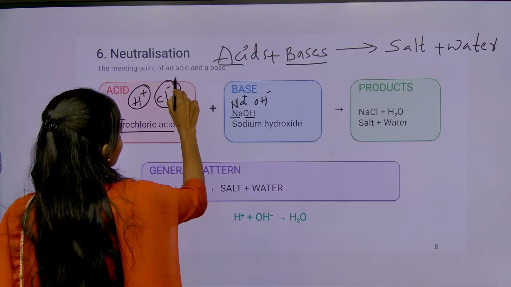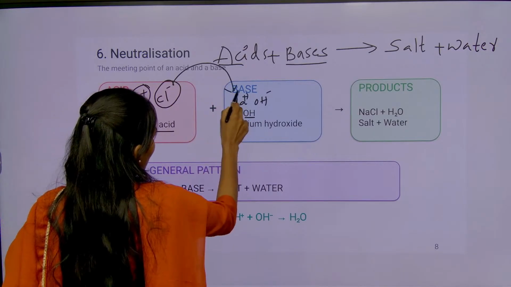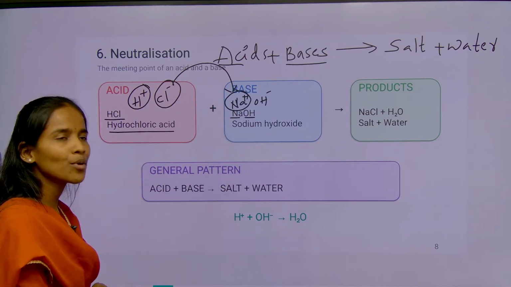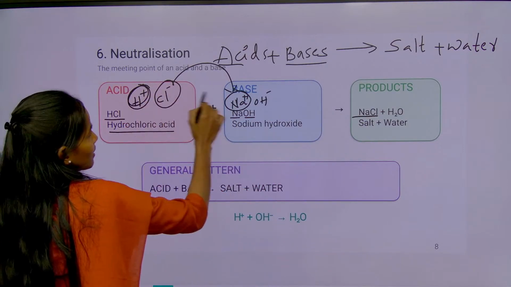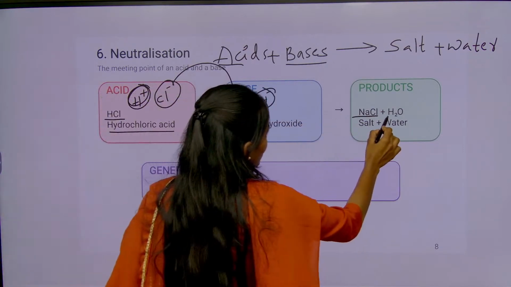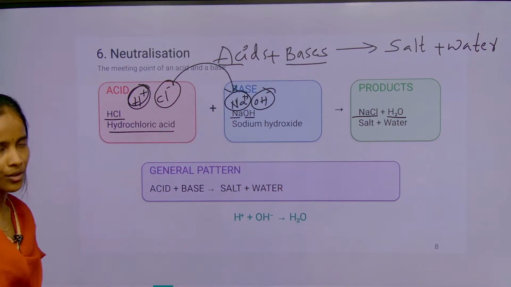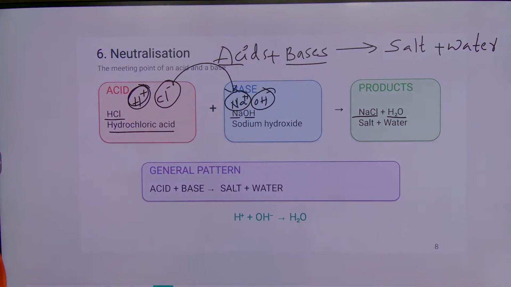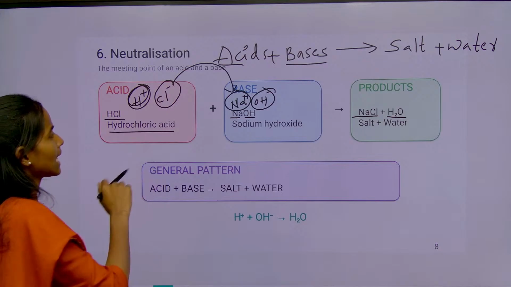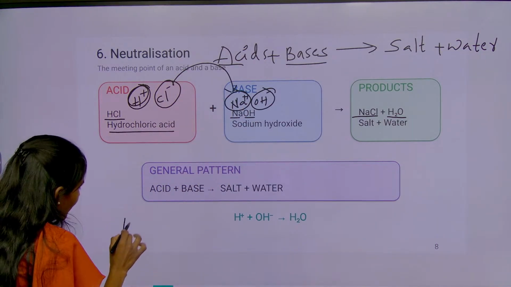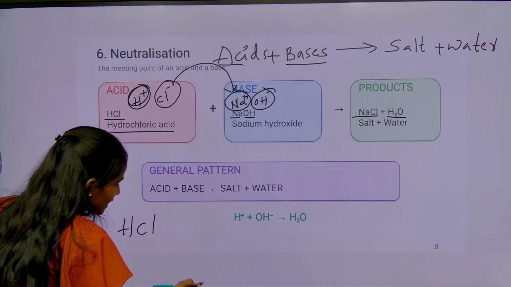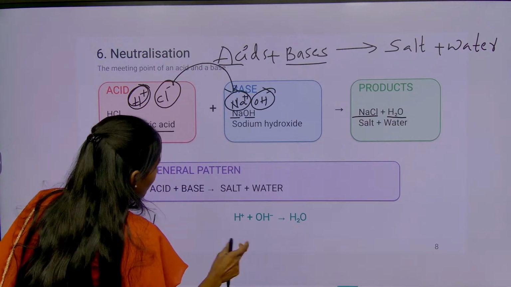So this negative charge will form a bond with Na plus, which is positive, and we get NaCl, and H plus OH minus forms the H2O water molecule, right? This is a neutralization reaction.